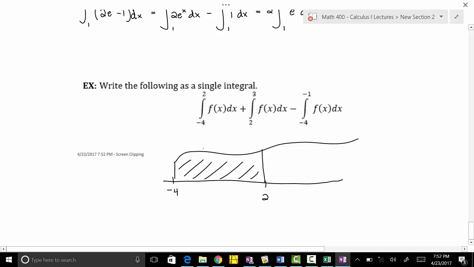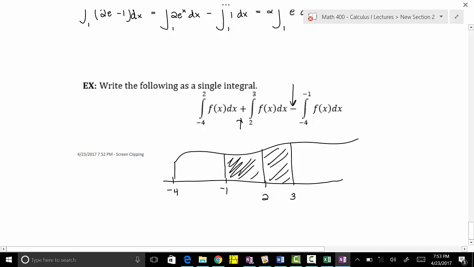And then we're also adding to that the area from 2 to 3. But then we're taking away the area from negative 4 to negative 1. Here's negative 1. So I'm going to take away the area from negative 4 to negative 1.